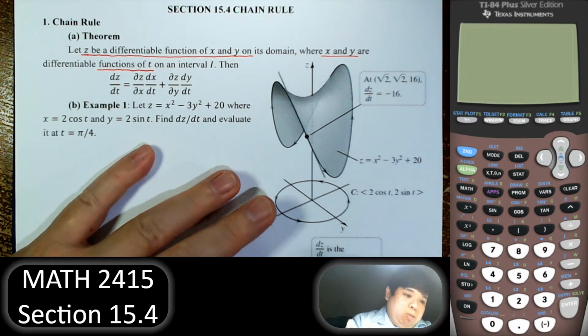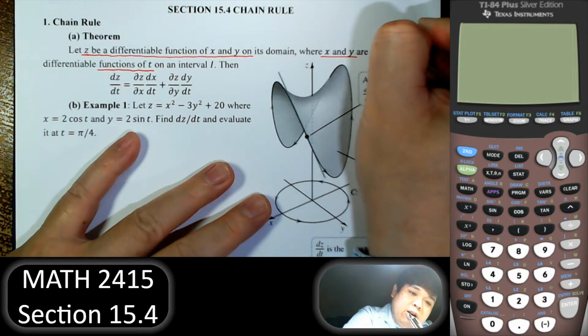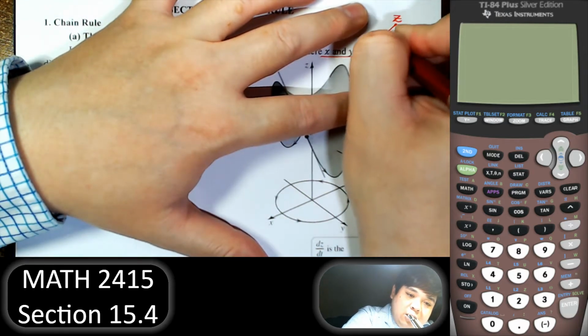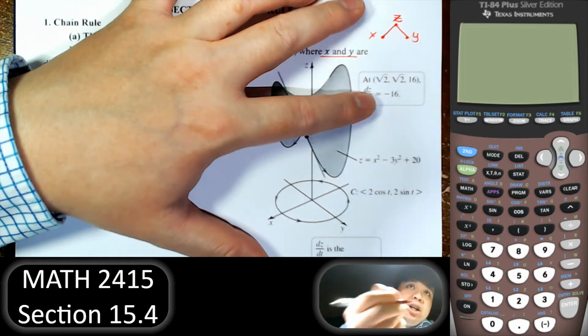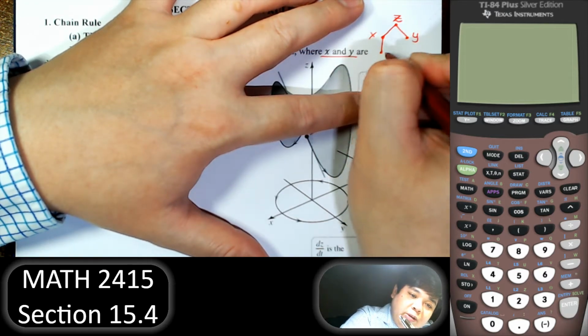So another way to visualize this is we start with the function z. We have two variables x and y. And each one of them is a function of t.